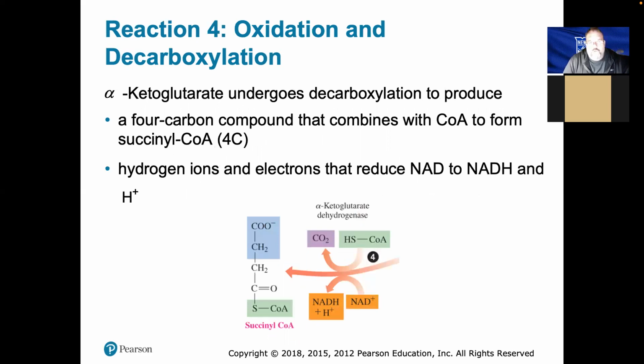Alpha ketoglutarate undergoes decarboxylation to produce a 4-carbon compound that combines with coenzyme A to form succinyl coenzyme A, and also produces hydrogen ions and electrons that reduce NAD+ to NADH and H+.